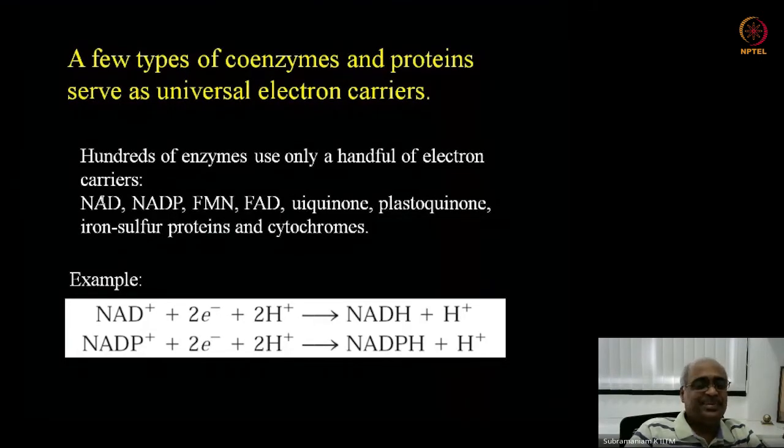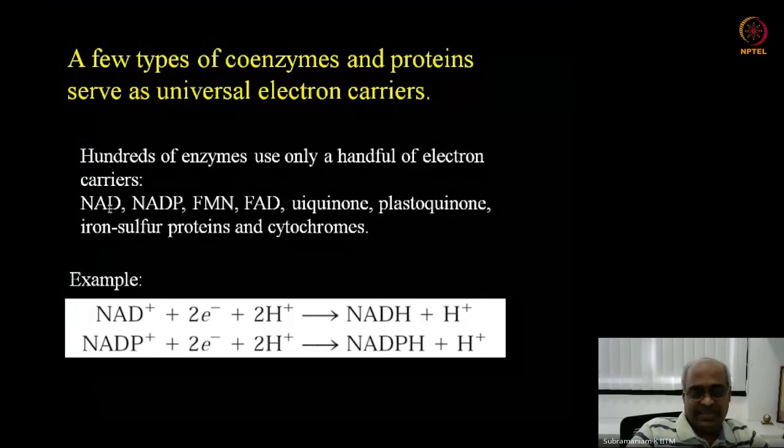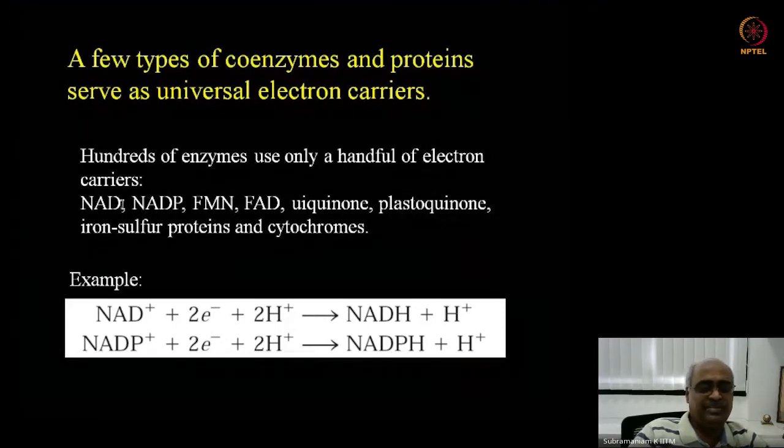So what are these handful of electron carriers? NAD we just saw, so we will have a very close look at it and appreciate the beauty of that molecule. NADP is actually NAD which is phosphorylated at one part of it. Otherwise they both function very similarly, although the enzymes are specific.